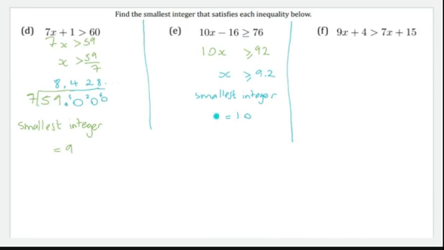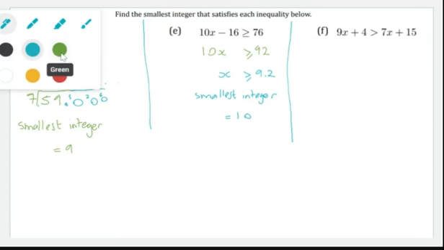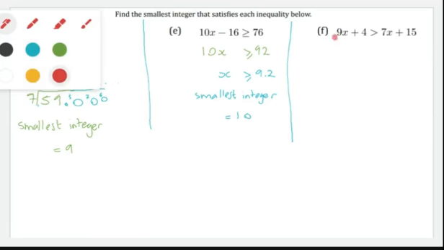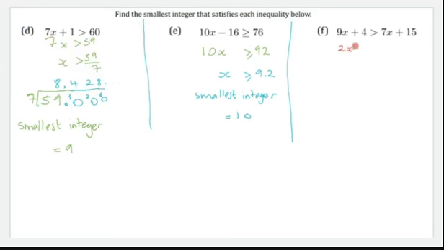Okay, and then the next one. We take minus 7x on both sides. Okay, why is that? Because it's the smaller one of the two. Lovely. So that would be 2x plus 4 is greater than 15. So you minus 4 on both sides.